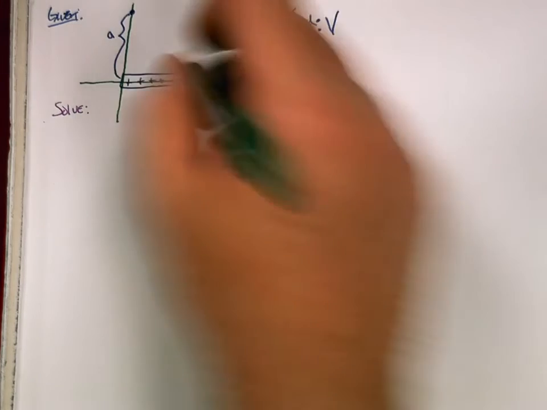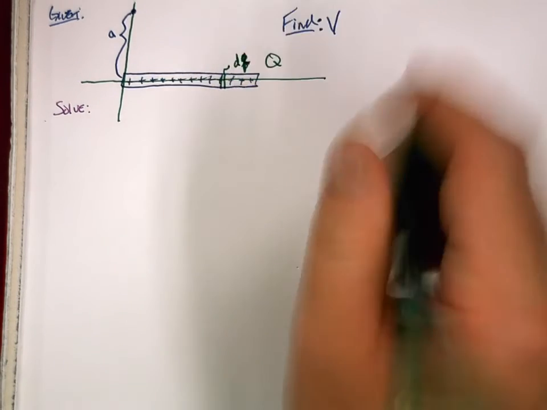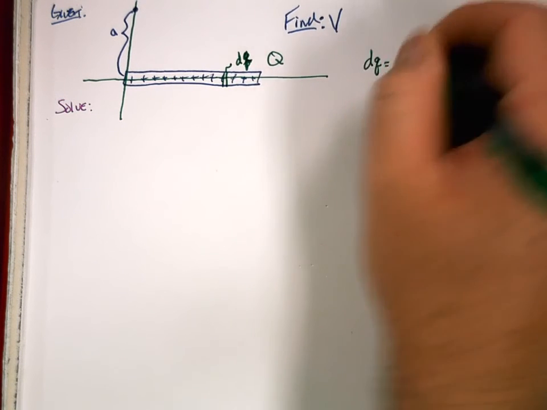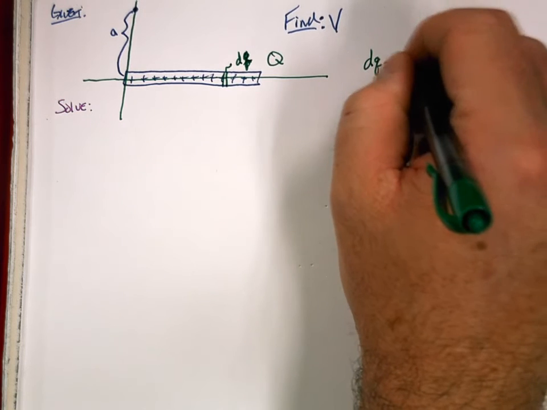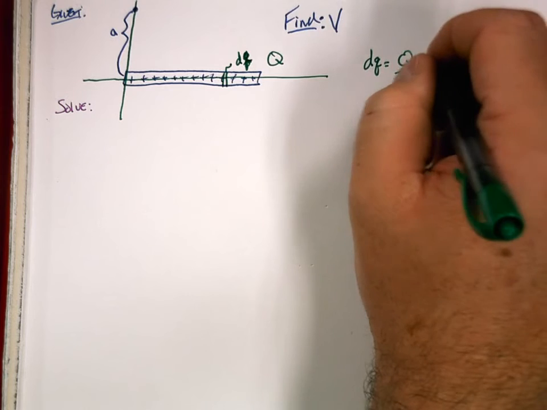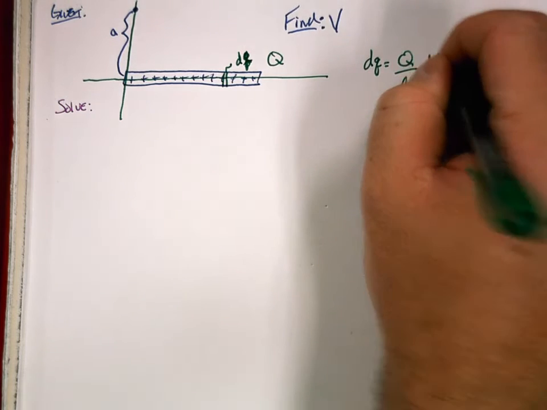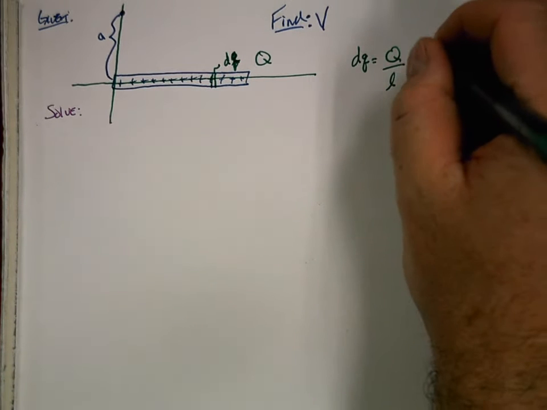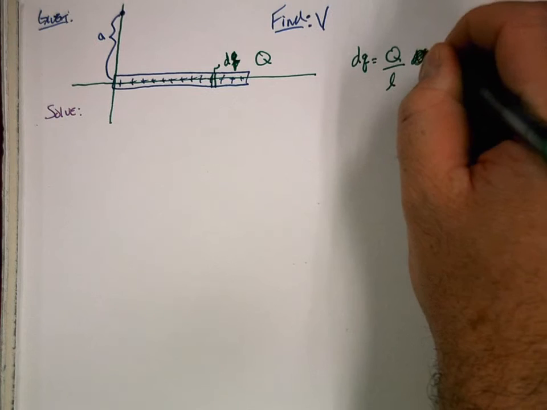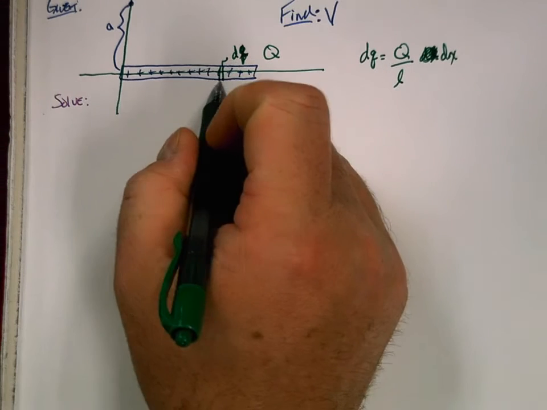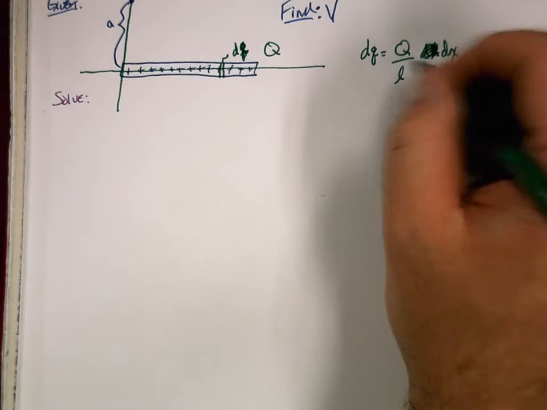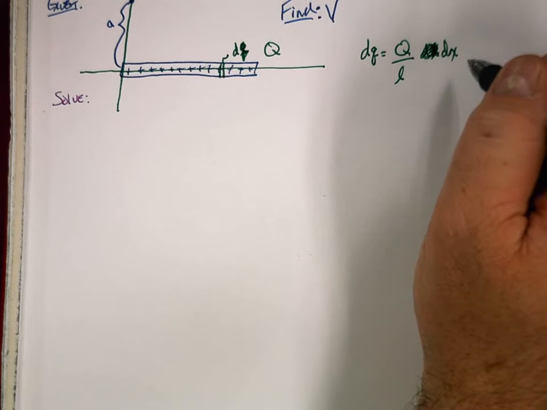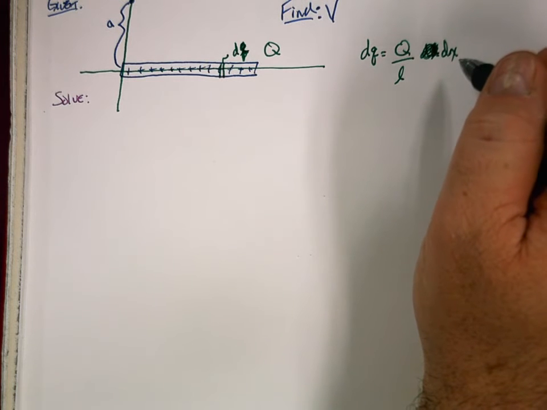If this whole thing has a charge of Q, then dq is going to equal Q over L dL, or dx, sorry, we'll call it dx. Our change in charge is going to be our linear charge density times dx, because we have uniform charge.